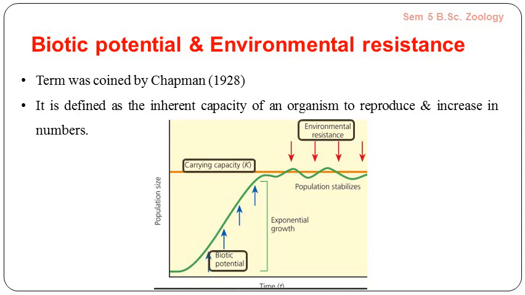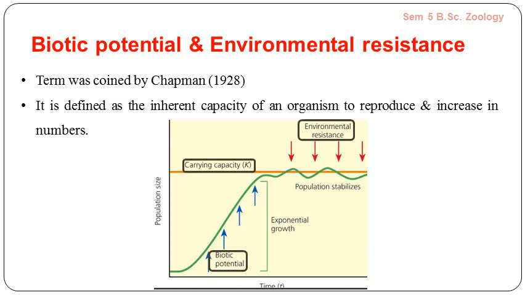As the population increases in number, the environmental resistance also increases in the form of predation, competition, scarcity of food, lack of space, etc. Consequently, this results in the decline of the size of the population.